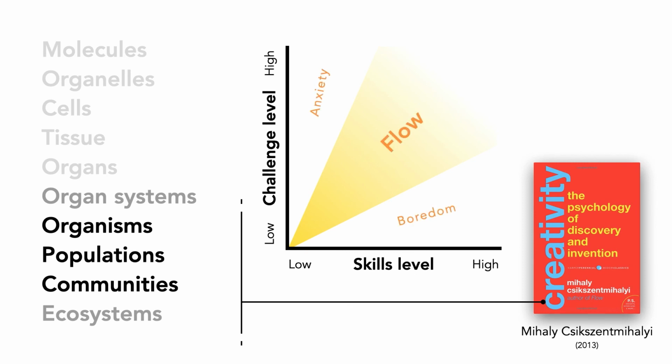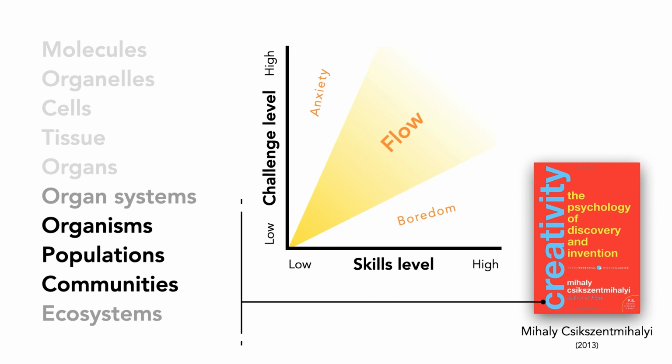I think all of you have seen it more or less a few times. In the middle part there, you have the flow area. When you're really absorbed in something, then you're in flow, because then you have the right amount of challenge and the right amount of skills. And you're in the zone, and you're not distracted by things outside.